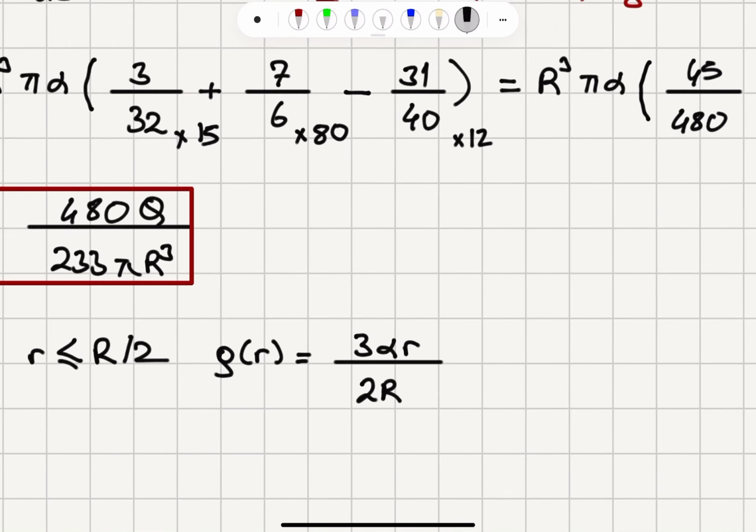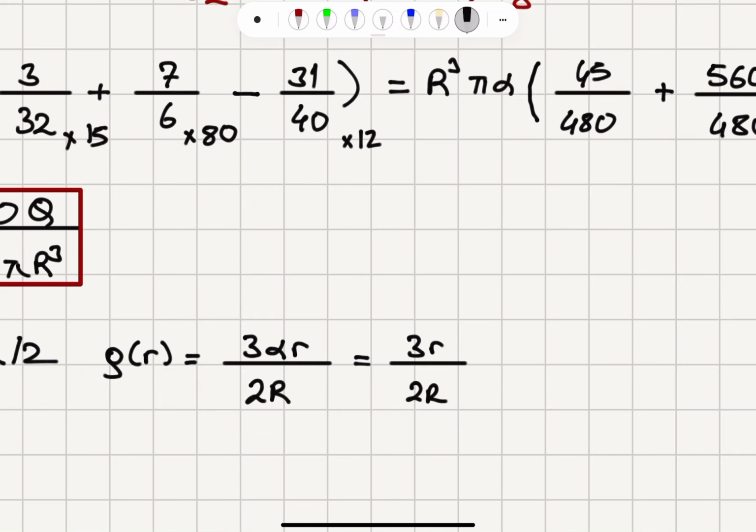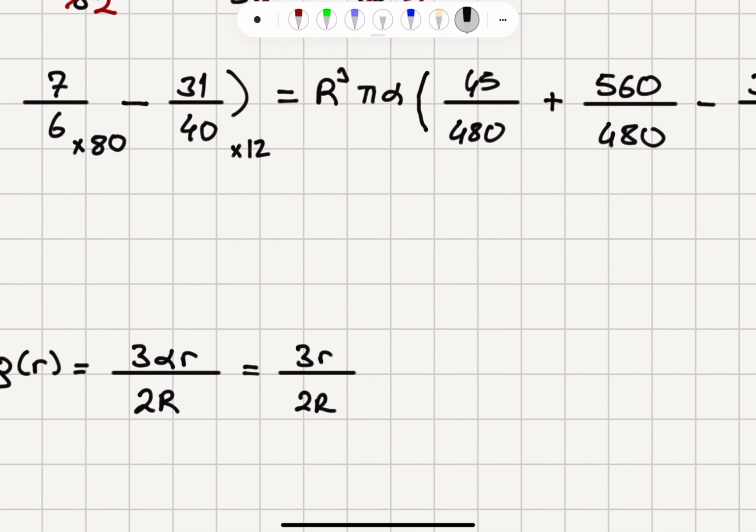So we have 3r divided by 2 capital R, multiplied with alpha, which is from part A, 480 capital Q divided by 33 pi capital R cubed.